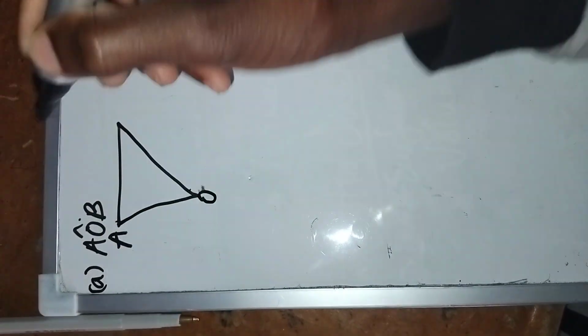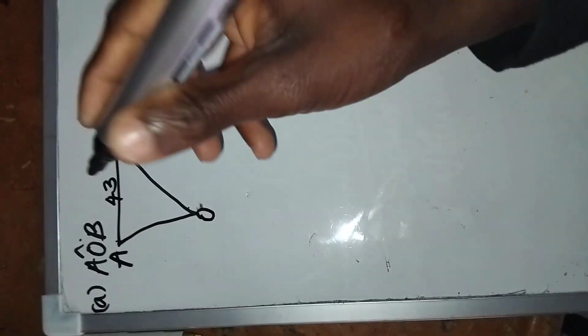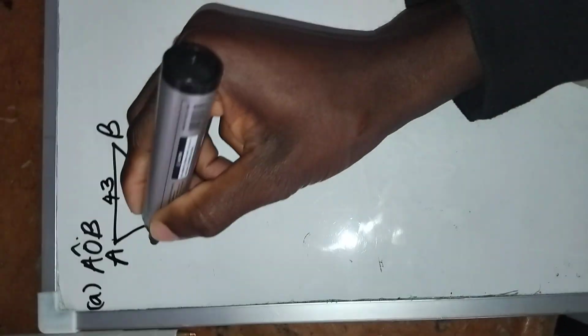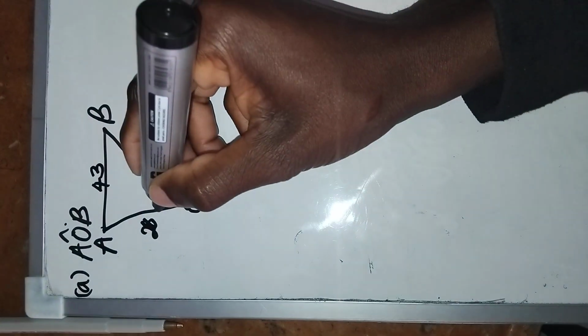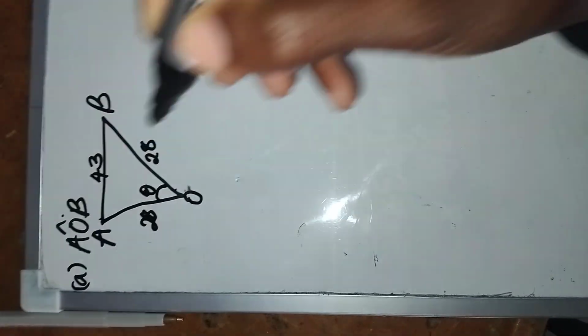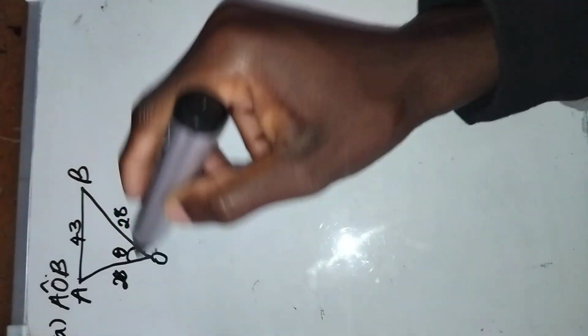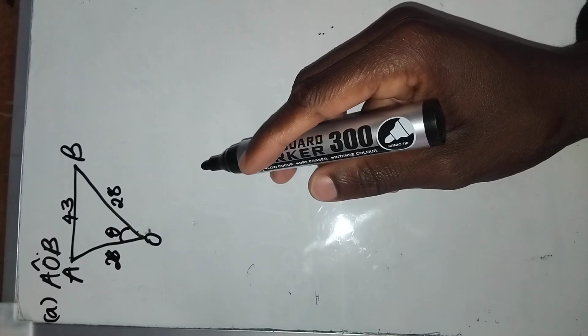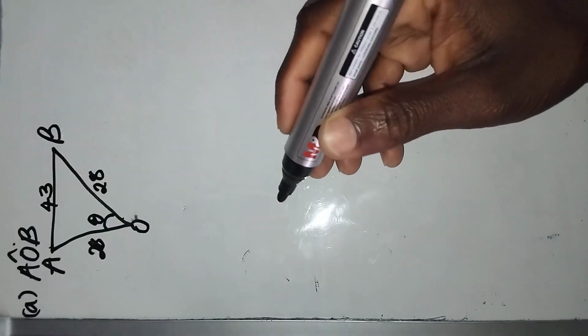So O, A and B. Here it is 43, here 28, and here 28. Now I have this angle theta. How do we find this angle? We have 3 sides on the shape OAB, so we use the cosine rule.